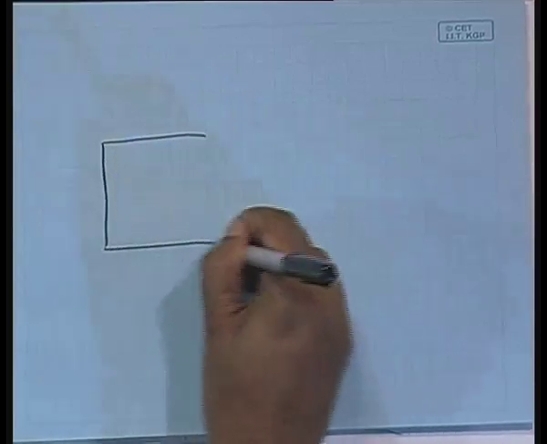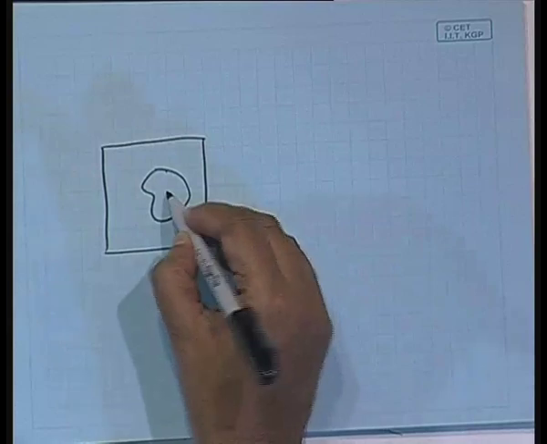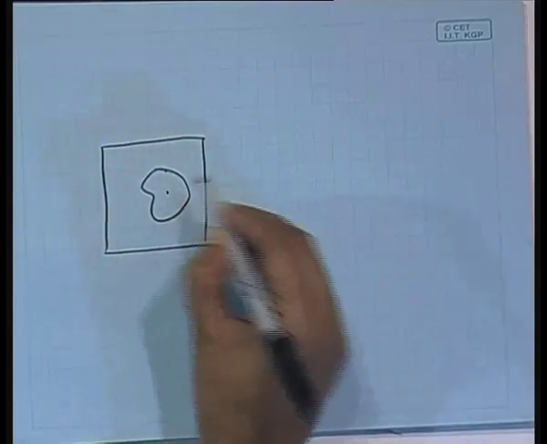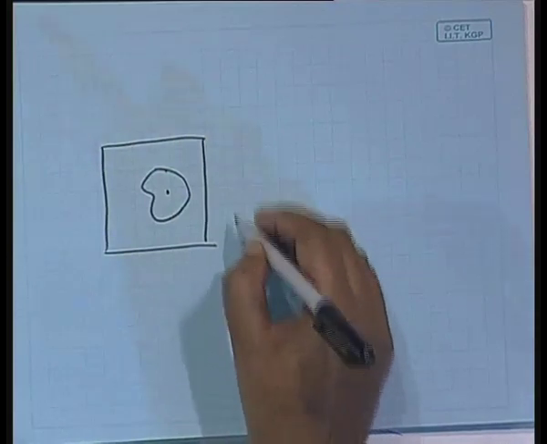Basically, it is something like this: you have a frame, and supposing you have an object whose centroid is at some point (n1, n2).